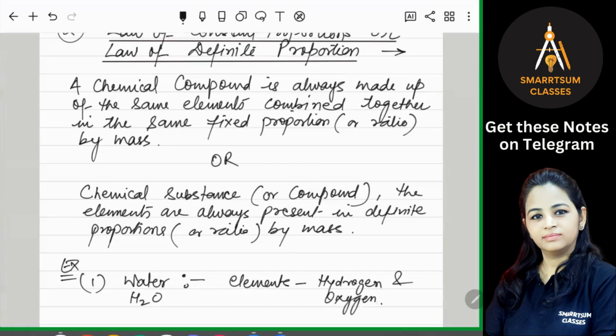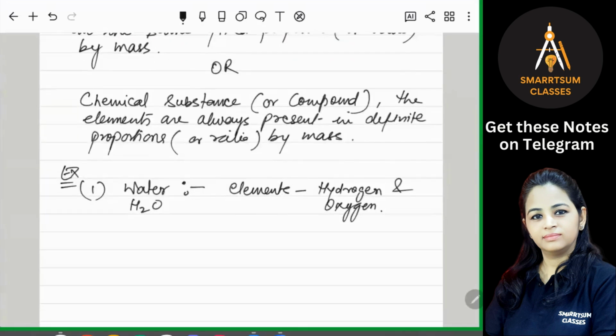Right? So you can take this sample from anywhere, but it will be made up of the same elements, that is hydrogen and oxygen, in the same fixed proportion, right? And what is that proportion for water? So the fixed proportion is 1:8. Okay, right? Is that clear?